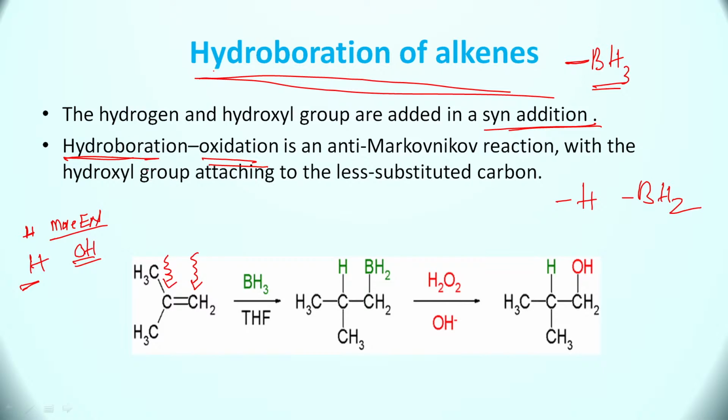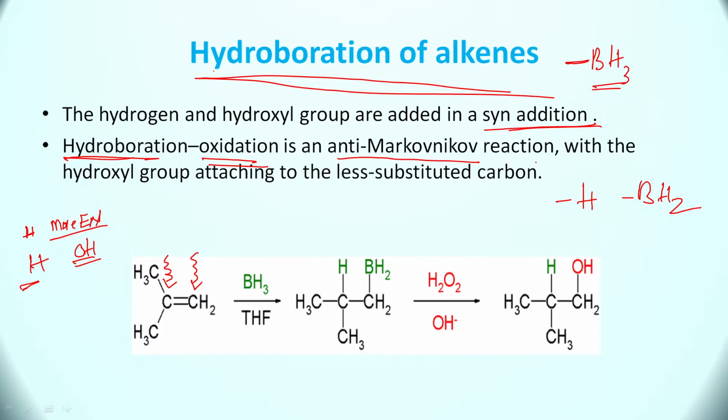But if you take hydroboration oxidation, the addition of H takes place here, less number of hydrogens, and the addition of OH takes place at more number of hydrogens. Okay, the rule is anti-Markovnikov rule.